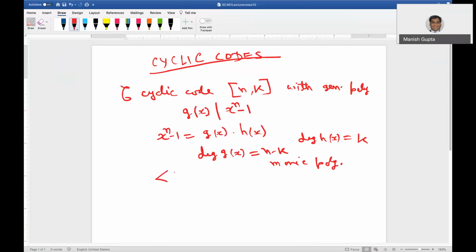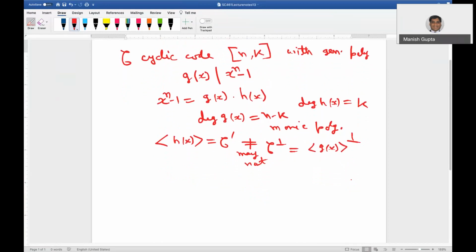Now if you look at a code generated by h(x), call it C prime, note that C prime may not be equal to the dual of the code C, so this is not equal to <g(x)> perp.